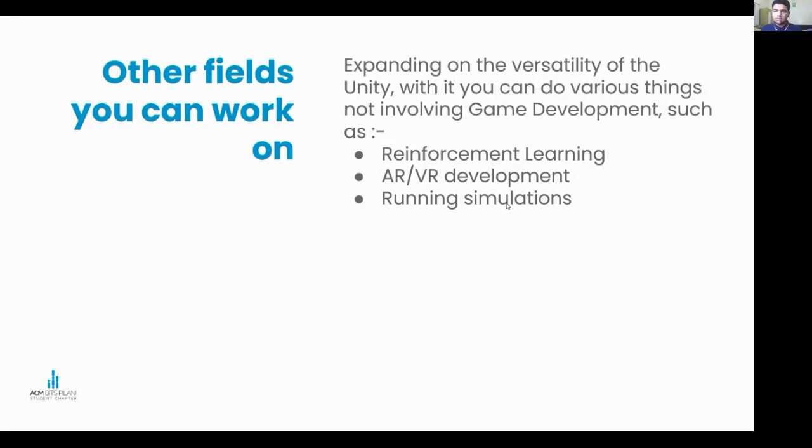With that, you can train machine learning models to run in physical environments. For example, you want a car that is self-driving. You can train it as a model in a Unity environment. It's pretty easy to code up. In fact, one of my seniors in ACM is doing Unity research in RL under a scientist.